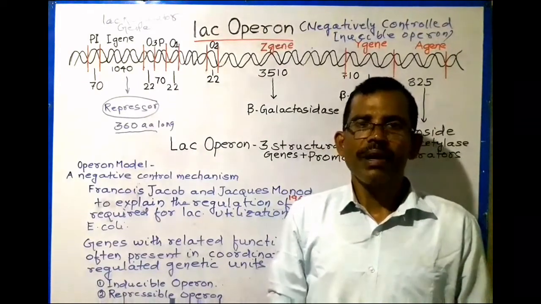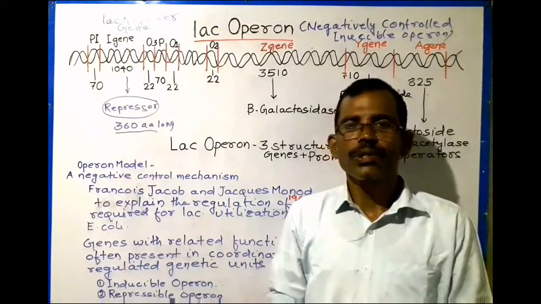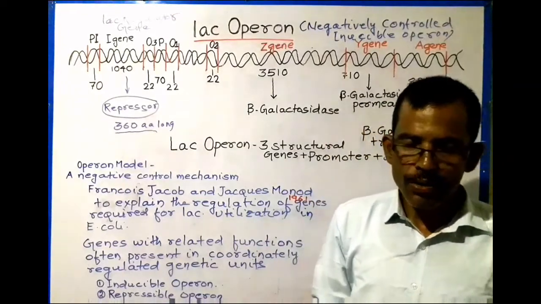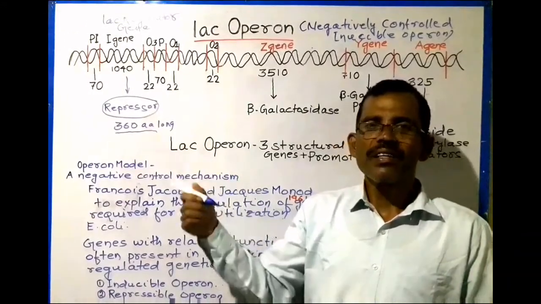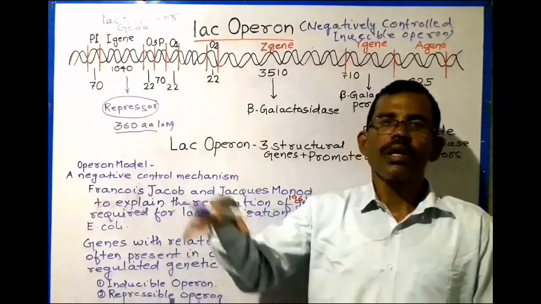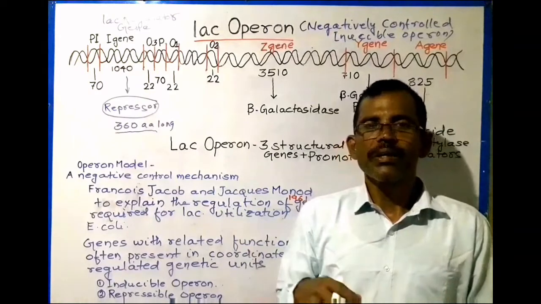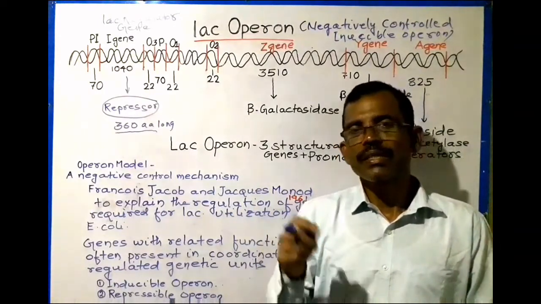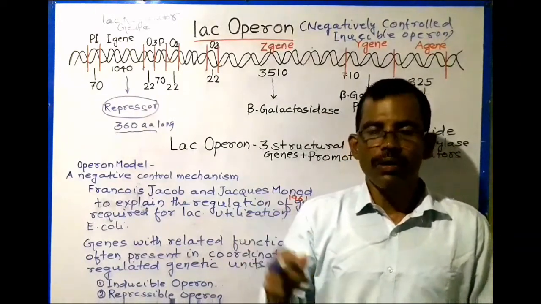Allolactose is derived from lactose in the presence of enzyme beta-galactosidase. So after its formation, the allolactose binds with the tetrameric repressor and releases the repressor from the operator region, after which the structural genes can be transcribed. This is about the induction of LAC operon. So LAC operon is an example of negatively controlled inducible operon.